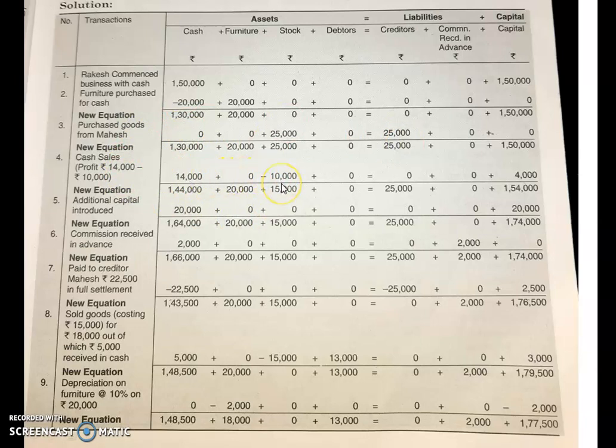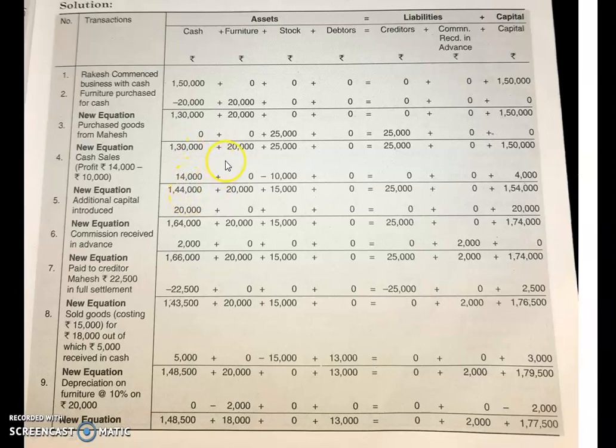So the 10,000 item you are selling for 14,000. How much extra are you selling for? 4,000. That 4,000 you will add in your capital account. If profit is there, add it to the capital. If loss is there, subtract from your capital. Now again the new equation. Bring the amount down, 1,30,000 plus 14,000.